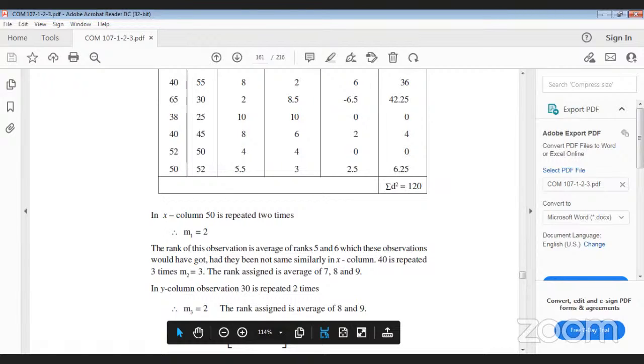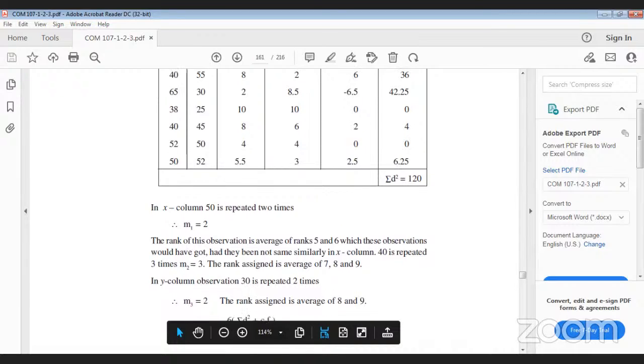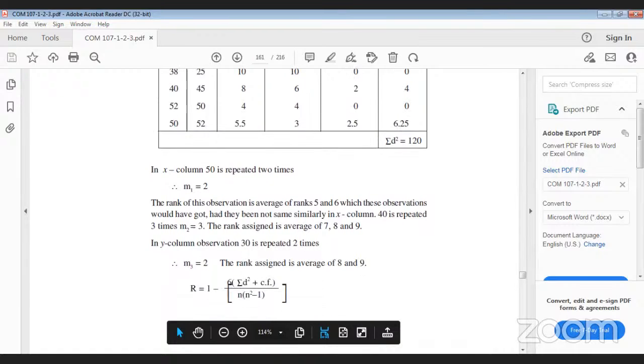Similarly in the X column, m2 is 3; the ranks assigned to them are 7, 8, and 9 here. In the Y column, observation 30 is repeated 2 times here. So here m3 is 2, and the rank assigned is the average of 8 and 9 here.